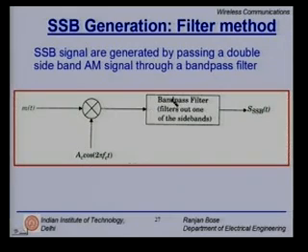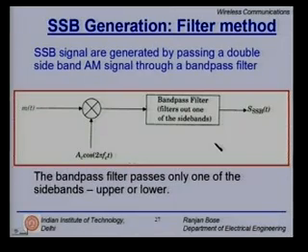You multiply, pass it through an appropriate band pass filter, whether you want to remove the upper sideband or lower sideband, and you have the single sideband. Fairly simple. The band pass filter passes only one of the sidebands, either upper or lower. So, the onus is on designing this band pass filter. How sharp should be the cutoffs, so that you only transmit the desired signal. Other than that, the rest of the portion in the transmitter is fairly simple.